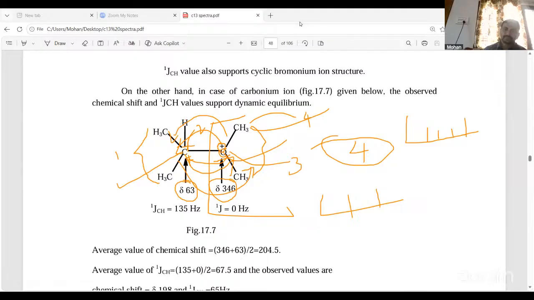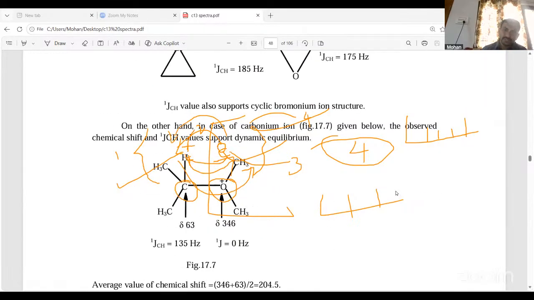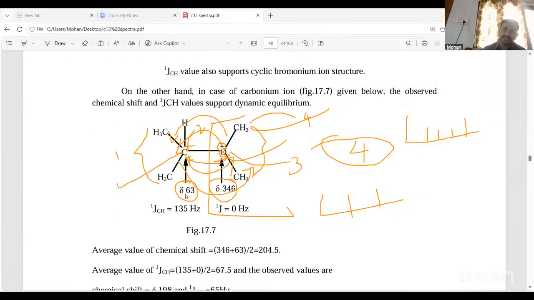In this way, due to the establishment of the dynamic equilibrium, it is giving only two signals, one signal at 63 here and another at 346 here, right? That's why we are getting two signals instead of four. And that will be confirmed by the average values, if you calculate the average of these, you get this one.